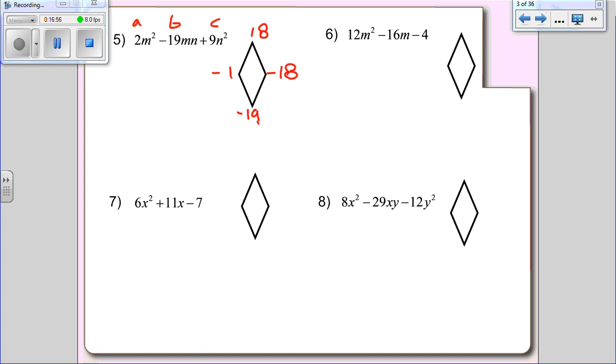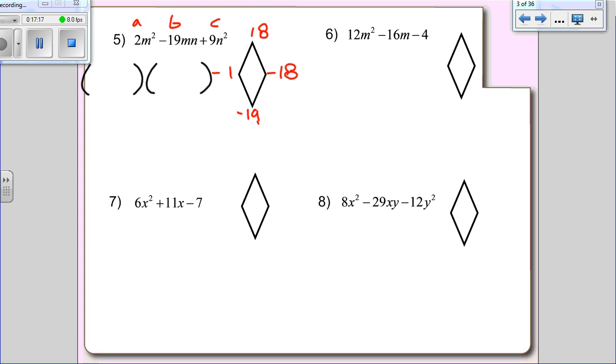The way I do it is I know when I factor a trinomial, I always end up with two binomials. Always. So I'm going to draw my two binomials. I also know that when I create a trinomial from two binomials, my first term always creates my first term of my trinomial.